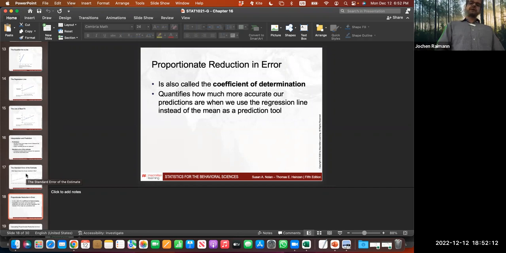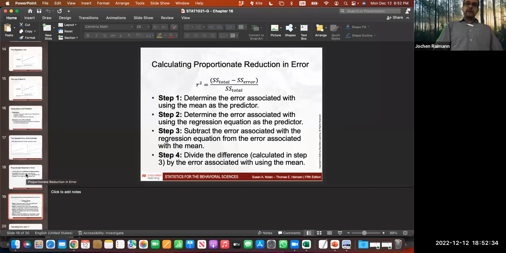And the coefficient of determination, or the proportionate reduction in error, allows you to quantify how much information I gain from building out this regression function. How much of this overall variability that I see in my scatter and my data is now being explained by my regression function. And this is quantified with this simple calculation. It's basically SS total, the sum of squares total. That's the mean minus the individual score squared.